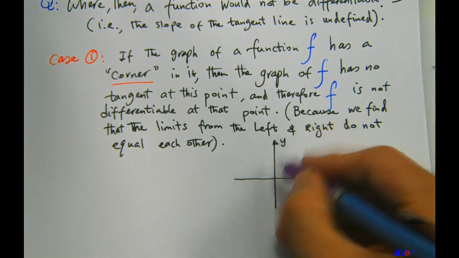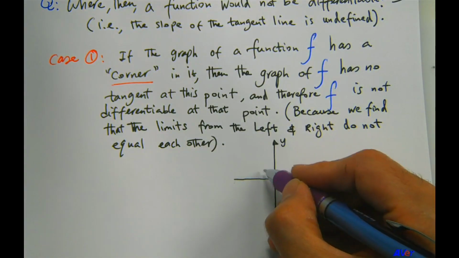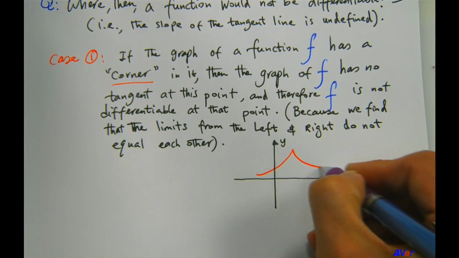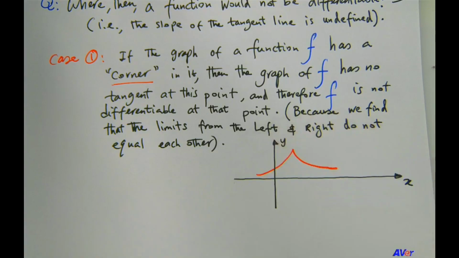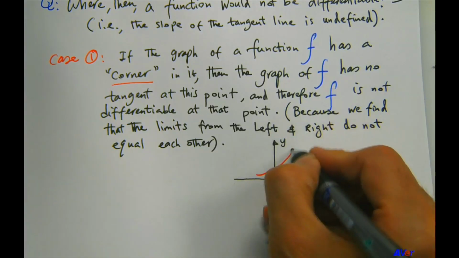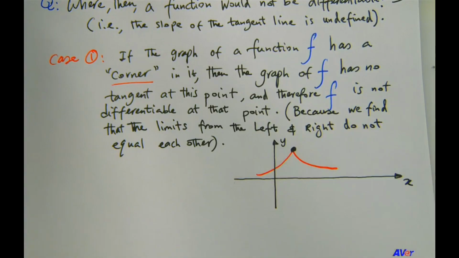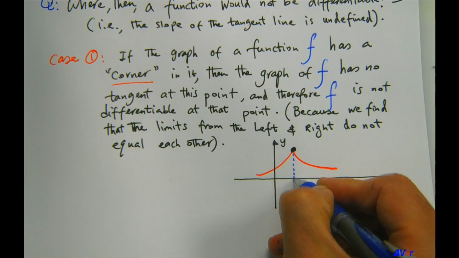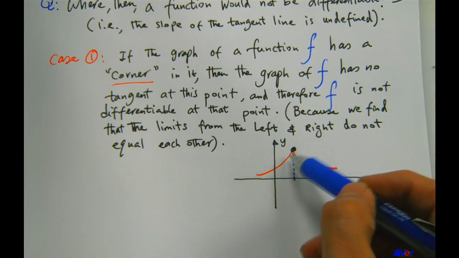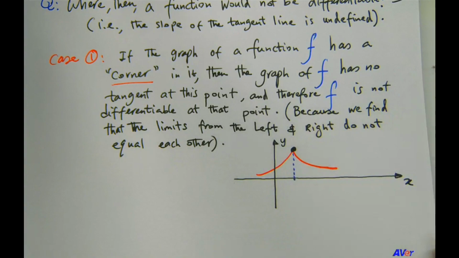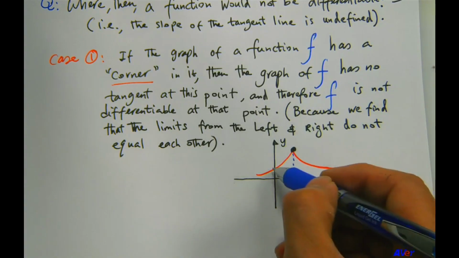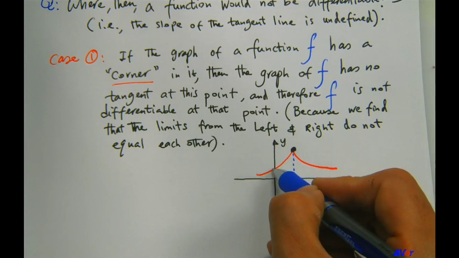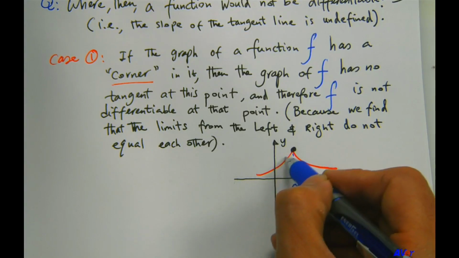Suppose we have some function that behaves like this, and there are functions that behave like this, and this is the corner point. Regardless of what this function is, if you take the limit as we approach a from the left, the slope is going to be some positive value.